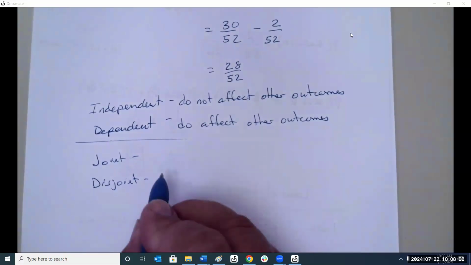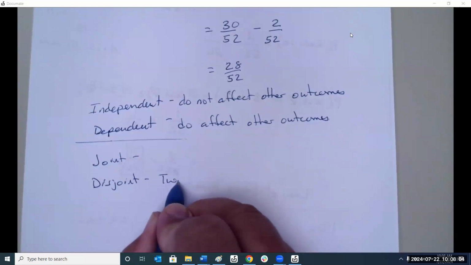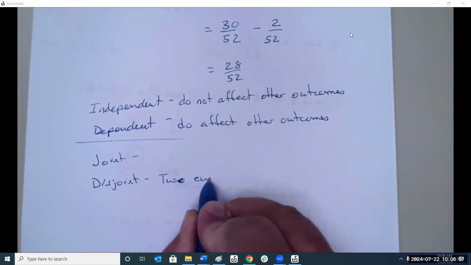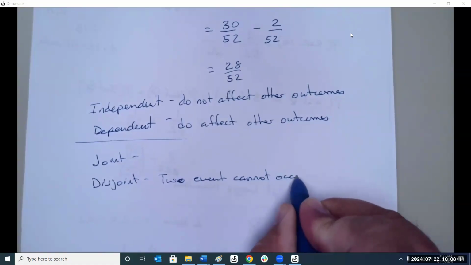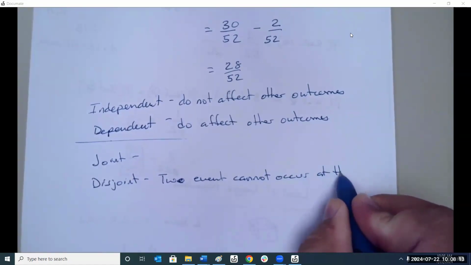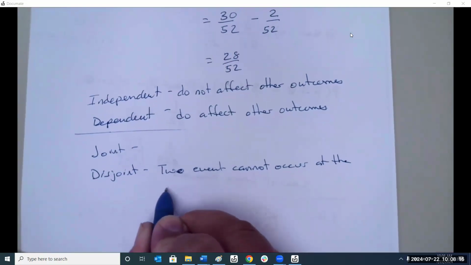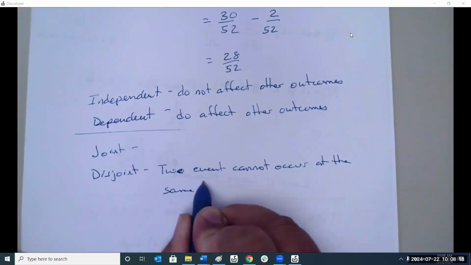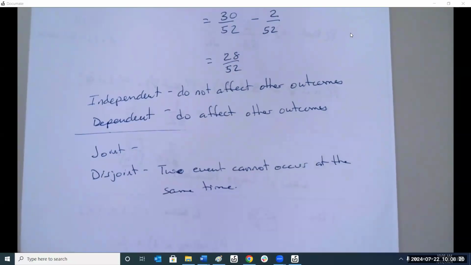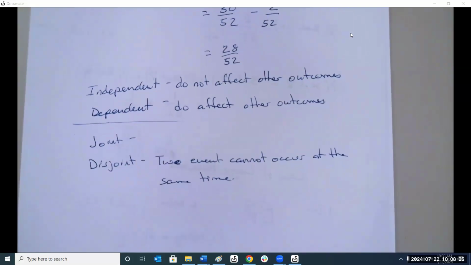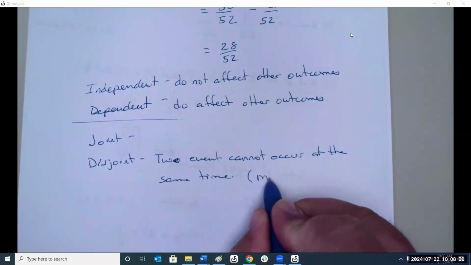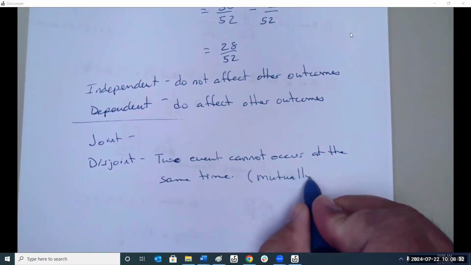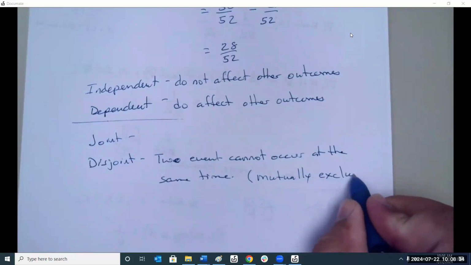Joint and disjoint. Disjoint means that two events cannot occur at the same time. Two events cannot happen at the same time. They are what we call mutually exclusive.